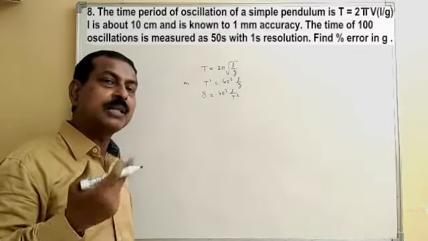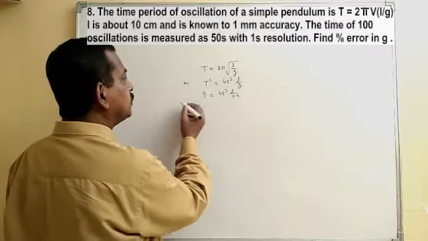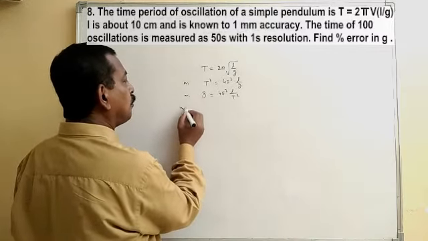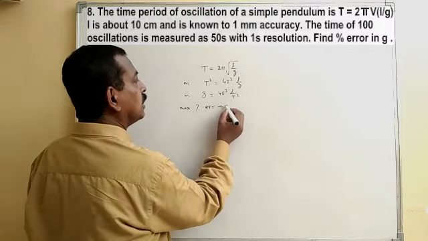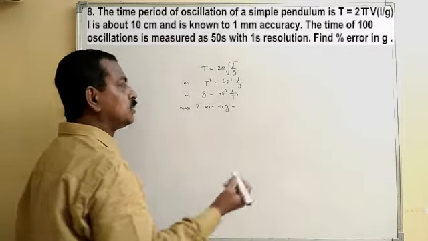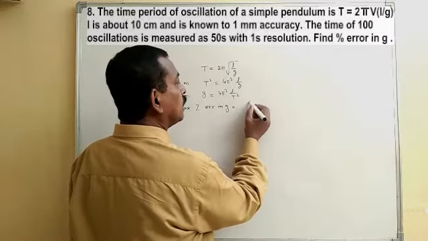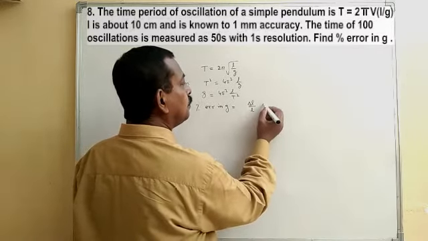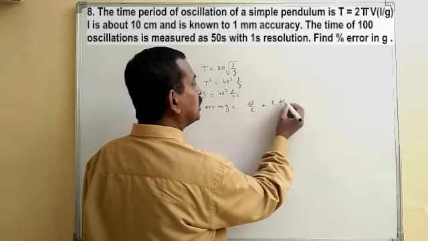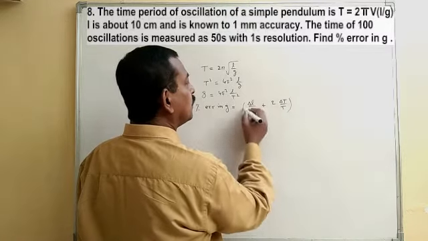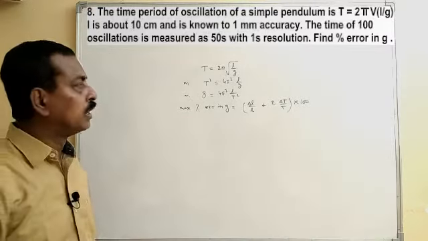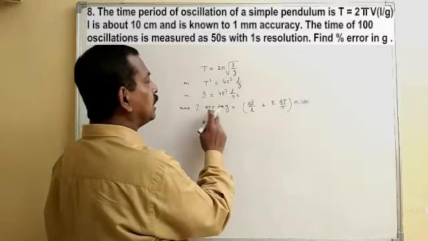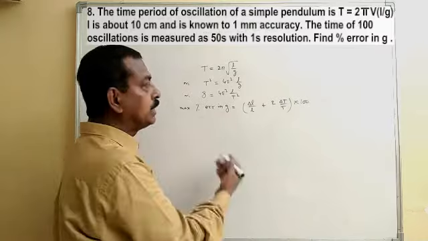Now if you take the maximum percentage error in g, it will be delta L by L plus 2 times delta T by T into 100, because this term is basically delta g by g into 100.